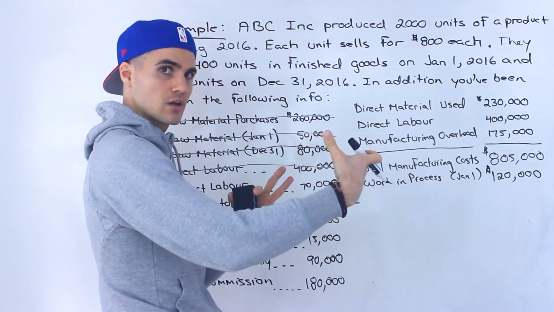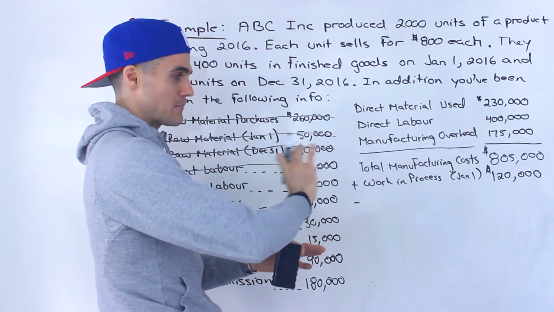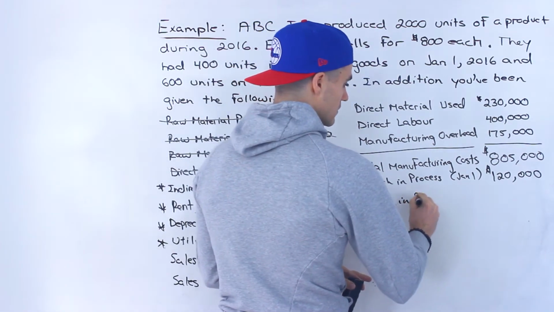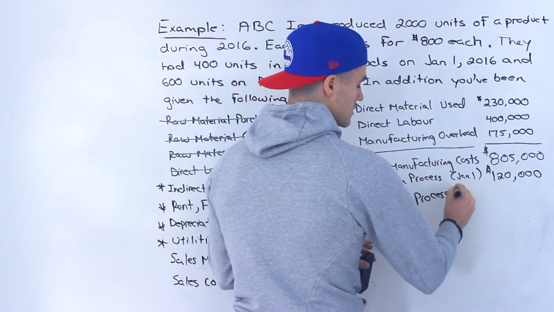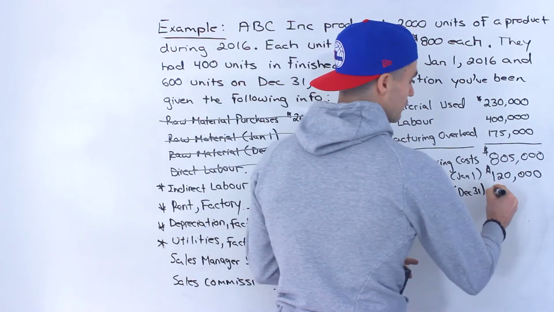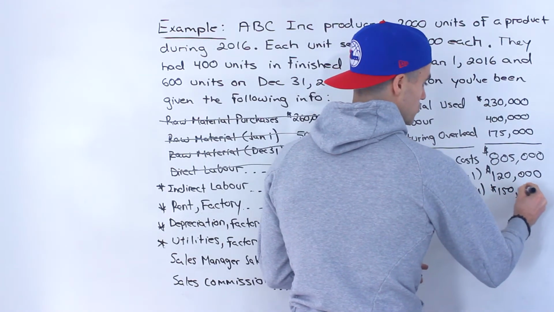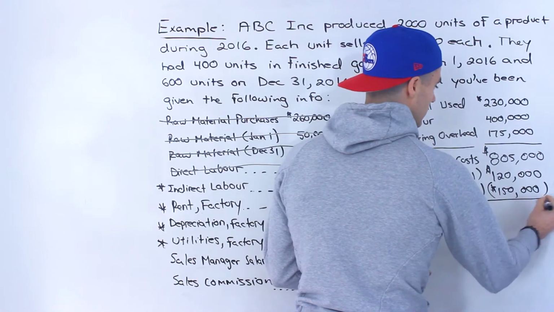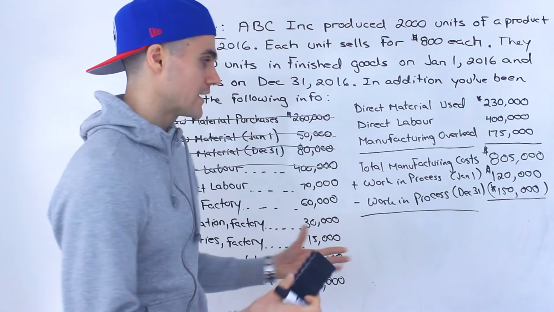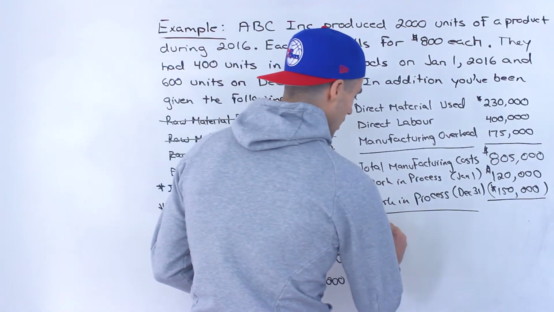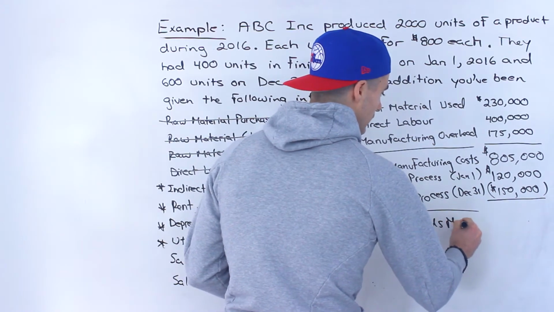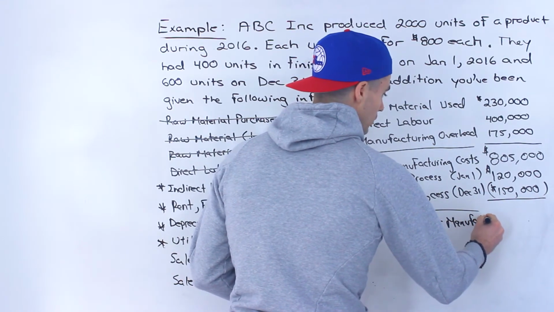If we rearrange that second line on that manufacturing flow chart, we end up subtracting that work in process at the end of the period, or December 31st, which was 150,000, right? I'll just put it in brackets so you can see it more clearly. And then when we net out all of this, we're going to get that cost of goods manufactured. So that's going to be the final line on this statement. This is pretty much what we were looking for.